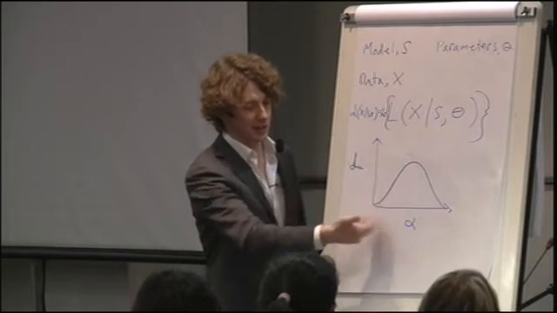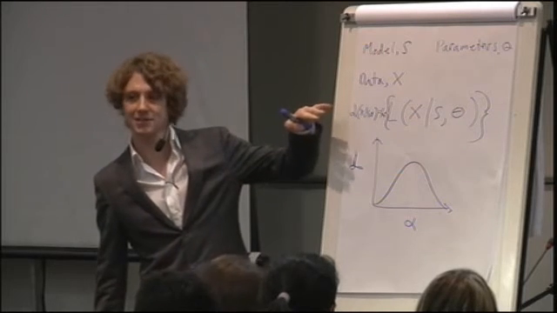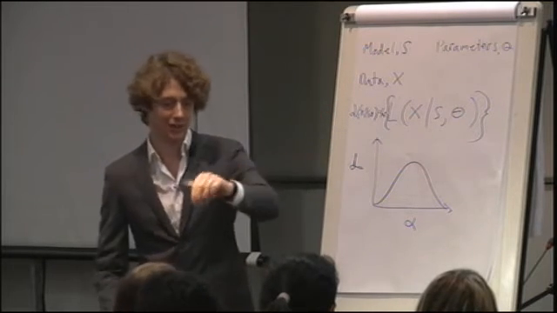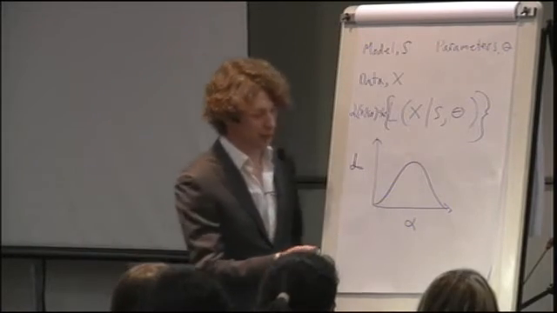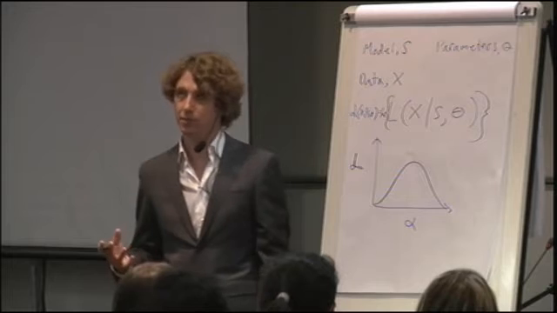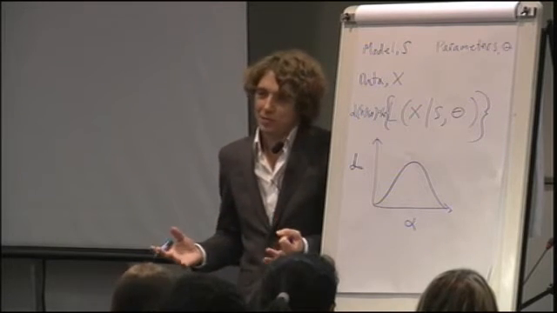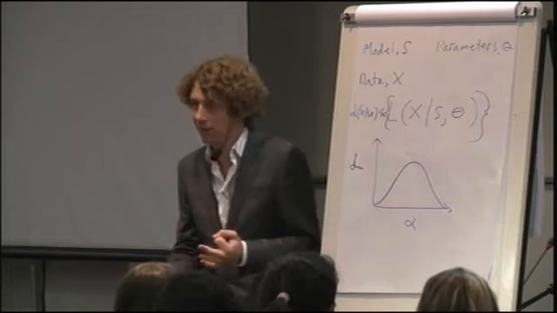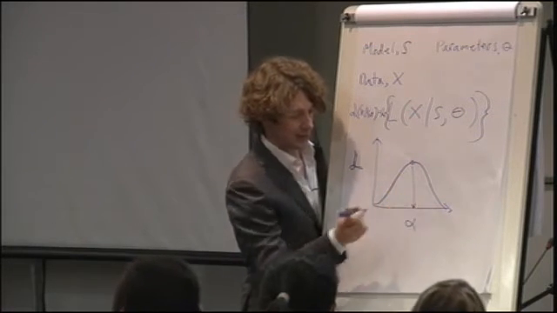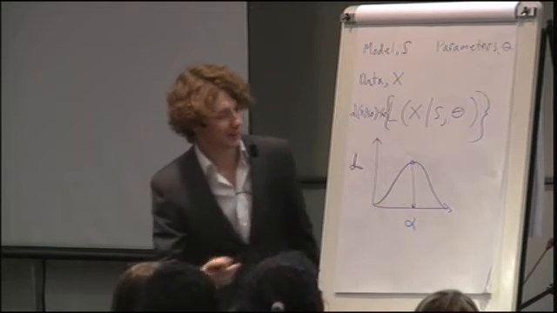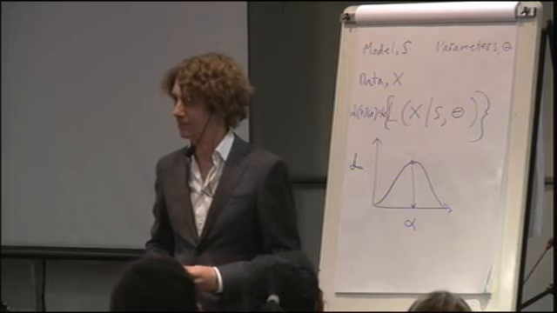It's just the likelihood plotted against the value of alpha, given that the model S and the data X are fixed. So no surprises in saying, well, what's your best guess as to what alpha might be? Well, it's kind of this one. That's simply the value of alpha that gives me the highest likelihood of the data X.